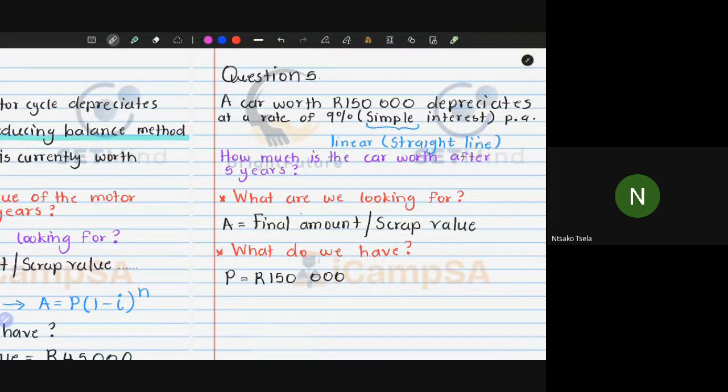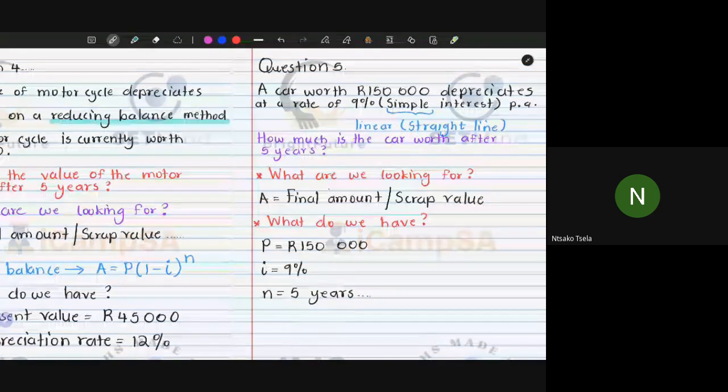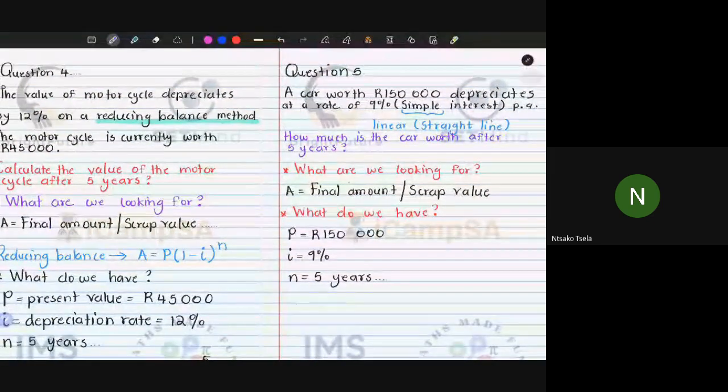And then what else do we have? Anyone else? Let's deal with this problem. We have our I, which is our depreciation rate, guys. It is 9%. And I'll give out the N, which if you read the problem statement, you will see that it is 5 years. So now my question is, we know that we are dealing with depreciation. Depreciation here.